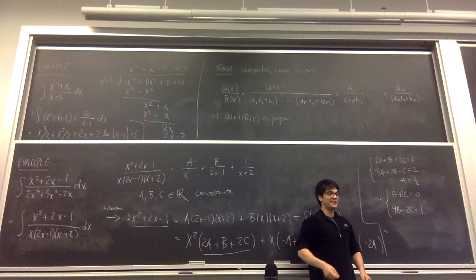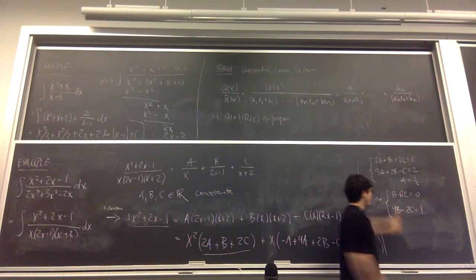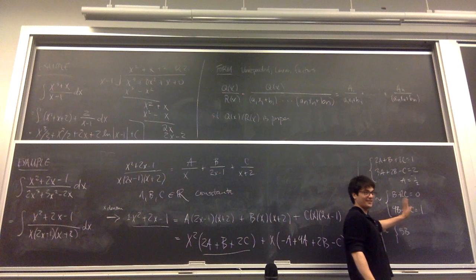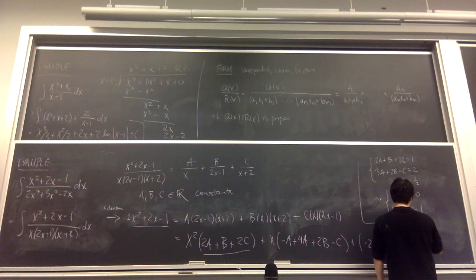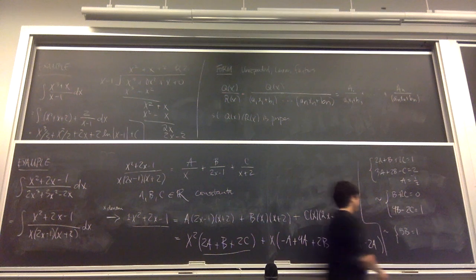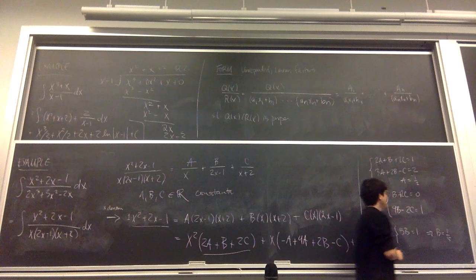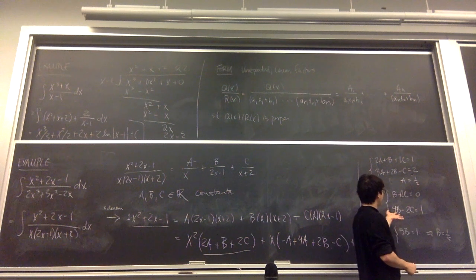Now let's add. So if we add, what do we get? You get b plus 4b, that's 5b. Then you get 2c minus 2c, which eliminates the c, perfect. And you get 0 and 1. Right, so this means that b is equal to a fifth. Okay, so we have a half, we have b a fifth, so we can recover c.